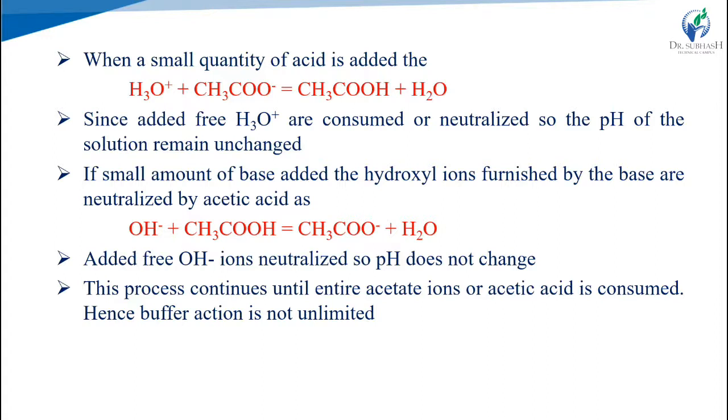When a base is added, if we add NaOH: previously, when we added acid to the acetic acid and sodium acetate buffer system, it yielded undissociated acetic acid molecules. When we add a strong base like NaOH to this buffer system, what happens?